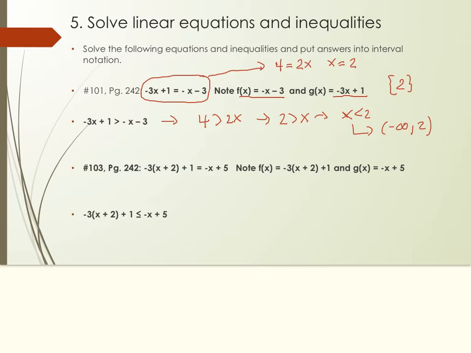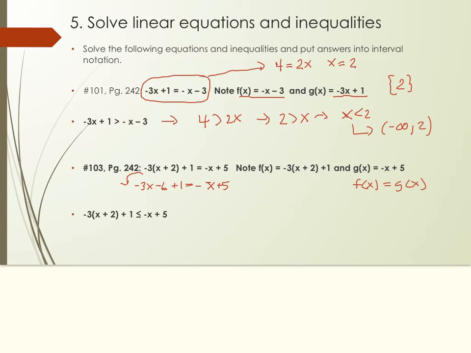Okay, so let's try the equality one first. We're letting f of x equal g of x, and we're solving for x. That's essentially what we're doing. So we have to use the distributive property first. We get negative 3x minus 6 plus 1 is equal to negative x plus 5. Now we're going to combine like terms.